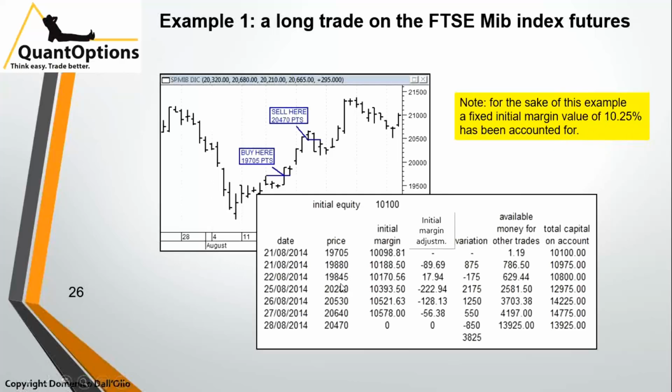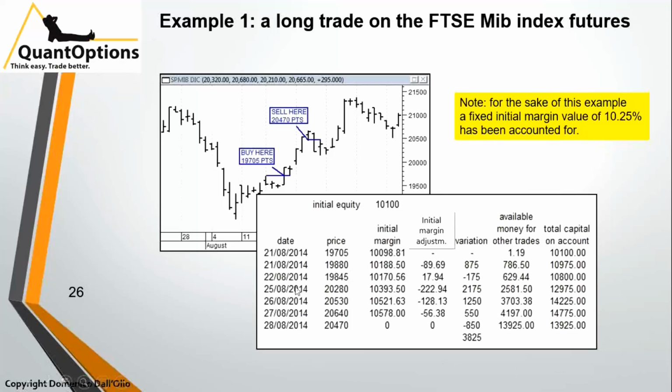So 19,845 times 5 euros each times 10.25% is 10,170 euros, 56. And this means that 17 euros and something are returned to my account. And at the same time, I have a loss equal to 175 euros, 35 points times 5 euros each.